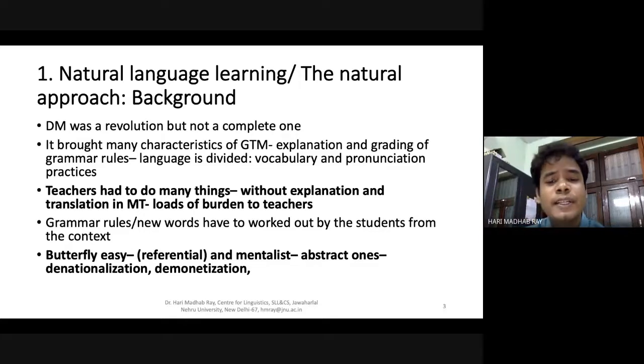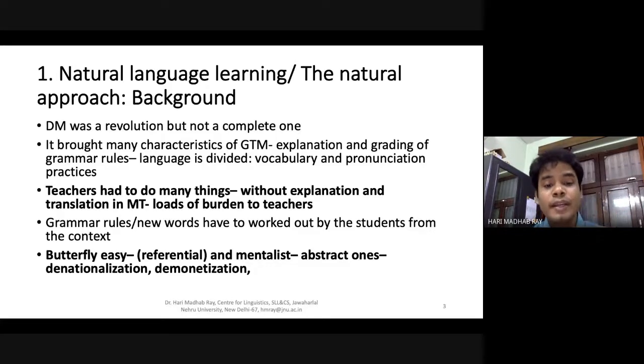Grammar rules and new words had to be worked out by the students from the context. Since it's a totally new language, how do they work out the grammatical rules if the teacher is not explaining, and is explaining in the target language that the learners do not know? So again, it's problematic.